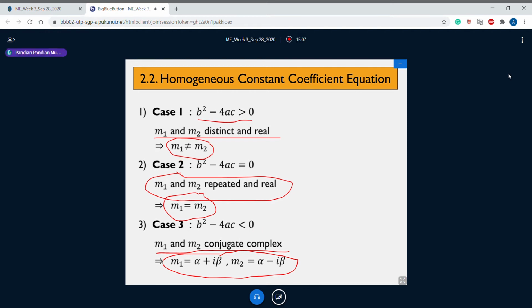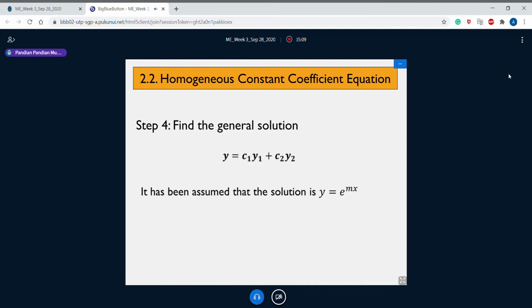Okay, now we try to simplify the final general solutions. We call this a general solution for the second order only: y equals C1 y1 plus C2 y2. y1 is the first solution for root m1, and y2 is another solution for the root m2.